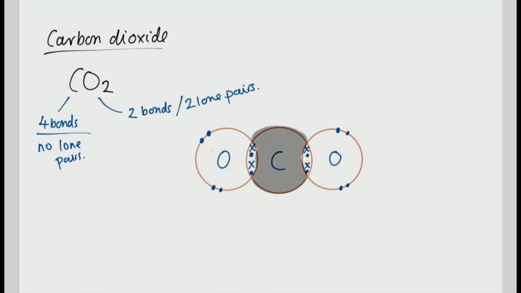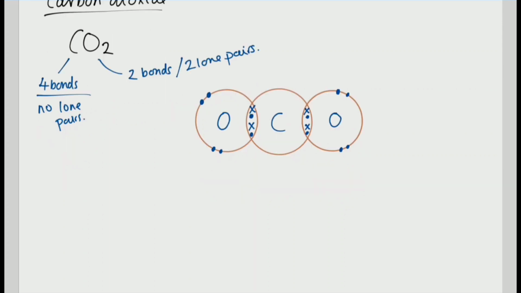Each oxygen atom feels as if it's got 8 electrons, and the same is true for the other oxygen atom. We'll just count it to make sure: 1, 2, 3, 4, 5, 6, 7, 8. So each oxygen atom feels as if it's got a full 8 outer shell electrons. So this is the correct structure of carbon dioxide.